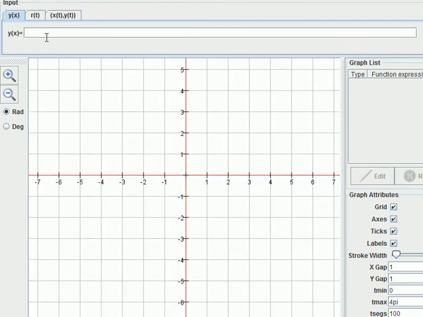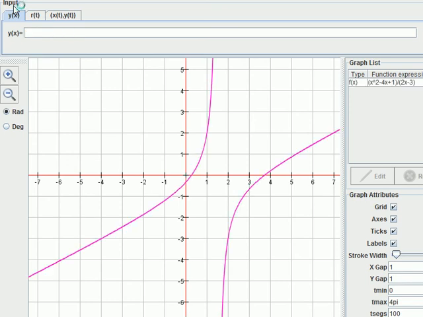Let me put the top in parentheses. So it's going to be x squared minus 4x plus 1, divided by, and then put that in parentheses, 2x minus 3. Close the parentheses, and let's plot it.